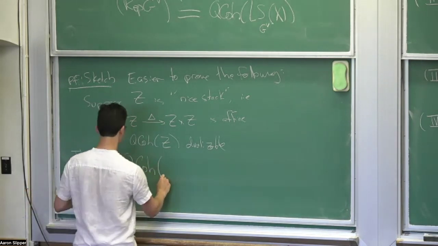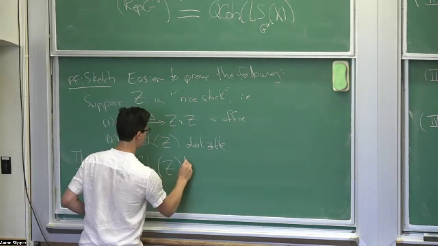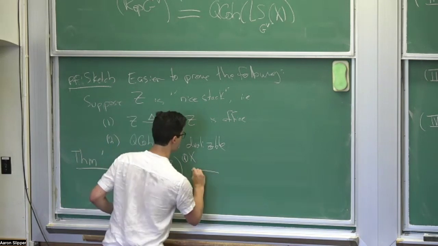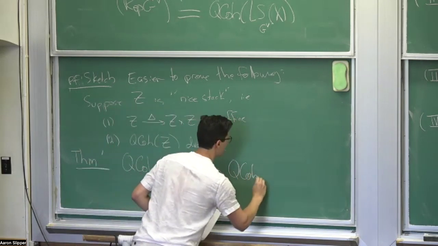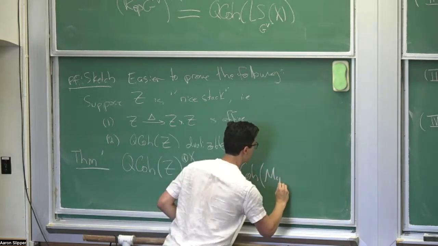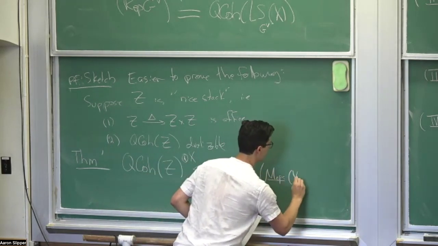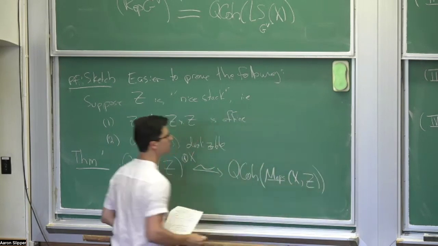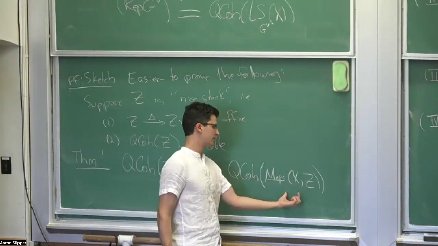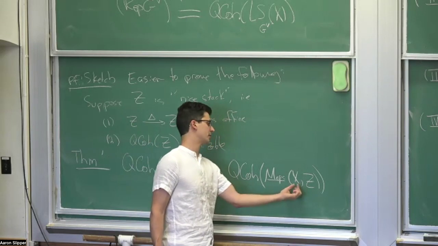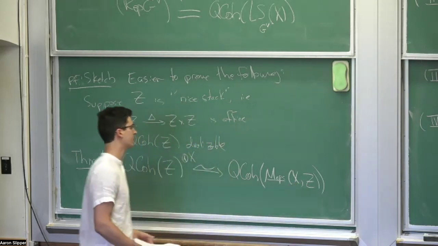Quasi-core of Z tensor X is equivalent to quasi-core of maps from X into Z. And again, when Z is point mod G, this is precisely local systems on X, which are G equivariant.